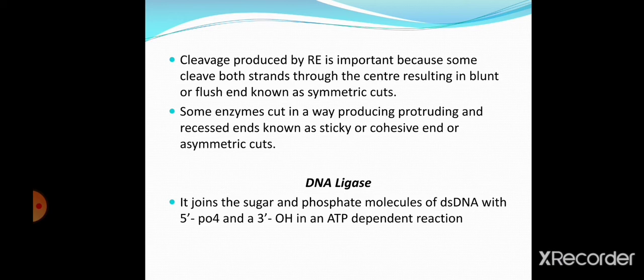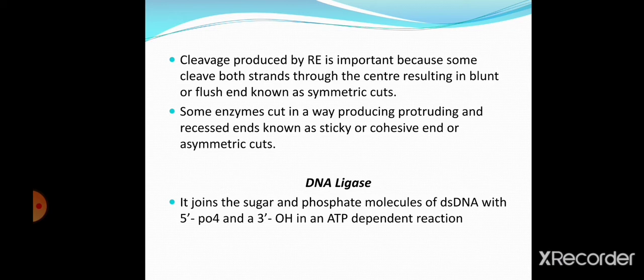What is protruding, children? Protrude means to extend from or above, beyond a surface. Recessed means an opening. So if the enzyme cleaves through the center, it is called symmetric, otherwise known as blunt or flush end.